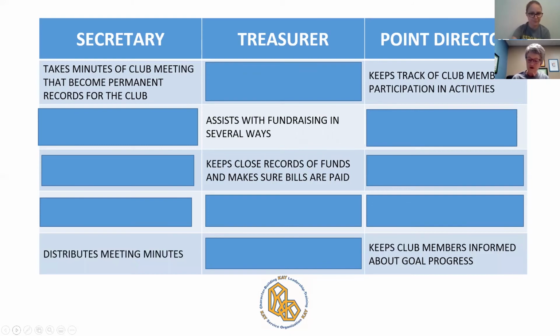And the point director is going to be the one who keeps track of what the club decides. So your club's going to determine whether or not you want to try to earn the red award, the blue award, or the gold award. And then those requirements will be posted somewhere. The point director will keep track of them maybe on a spreadsheet or in a notebook or on a bulletin board, but you will keep the members up to date as far as the progress towards your goal.